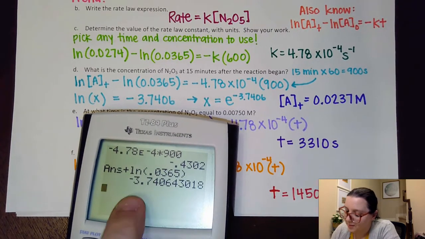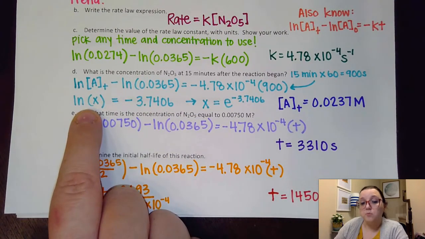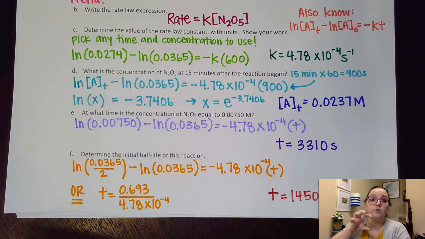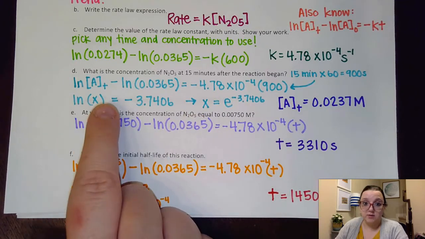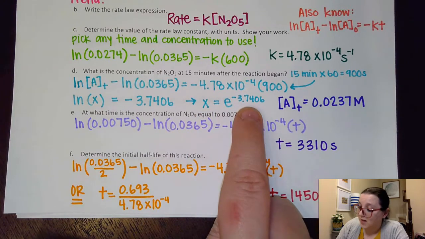And this number then would equal ln of x. Now this is where, remember, if you raise both of these as the exponent to a coefficient of e, e to the ln ends up just giving you that x. Okay, and so then I would have e raised to that exponent.